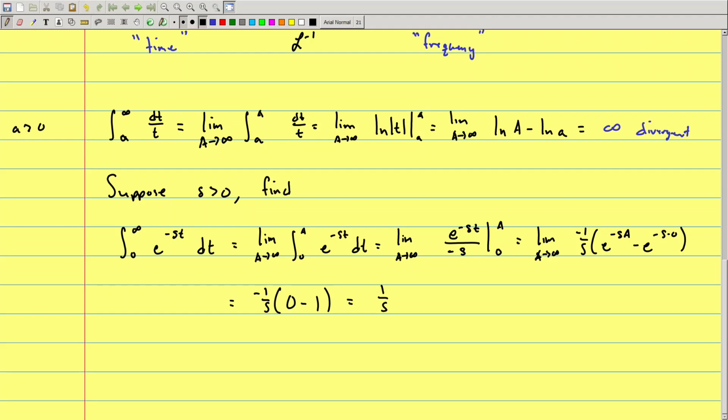Okay, so we have just snuck up on the Laplace transform of 1. Because this is the integral that we just computed, right?